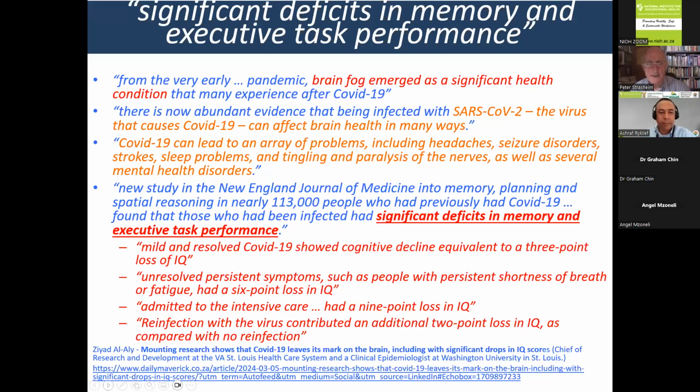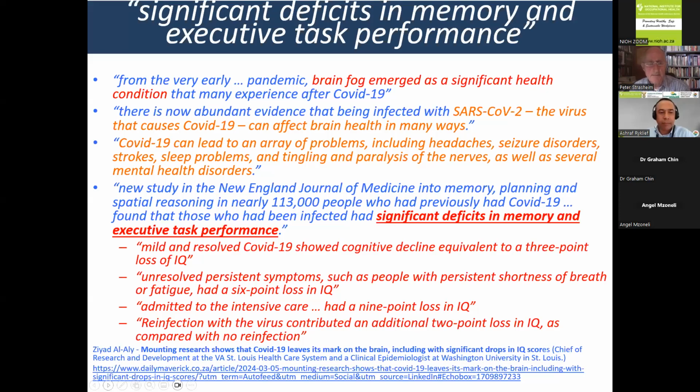So clearly there's a link with mental health disorders such as anxiety, depression, psychosis, perhaps PTSD, and others as well. But then the doctor talks about significant deficits in memory and executive task performance.